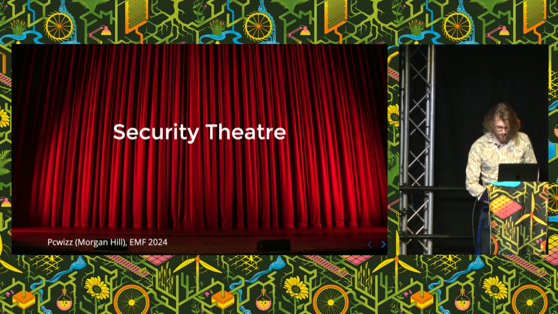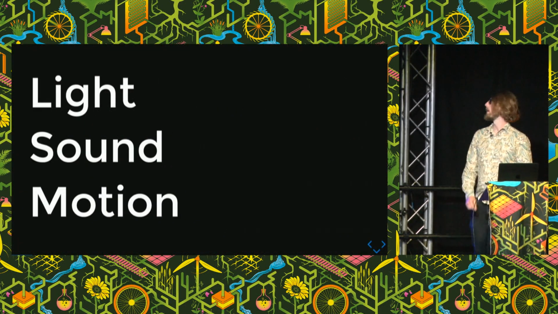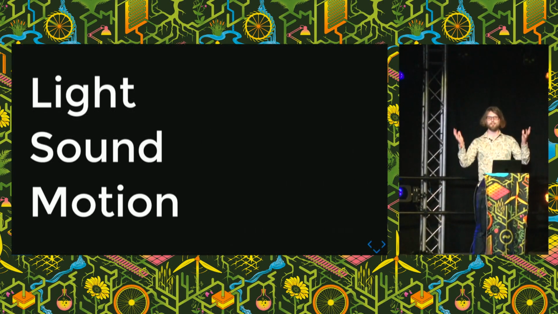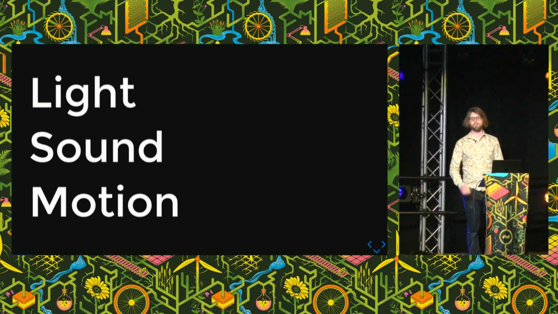Okay, I think I'm going to reset my slides here. There we go. So performing arts spaces have different aspects to them. They have light, they have sound, and they have motion. And these are the key elements of any theatre production, the key elements of any music production on stage.